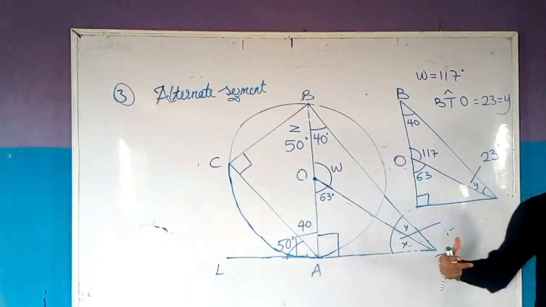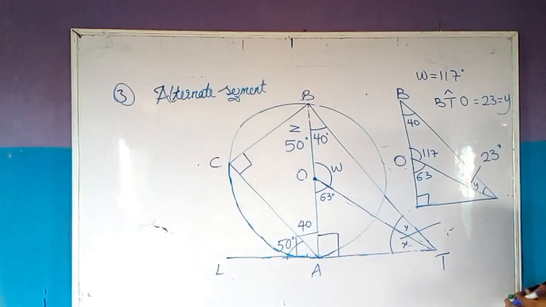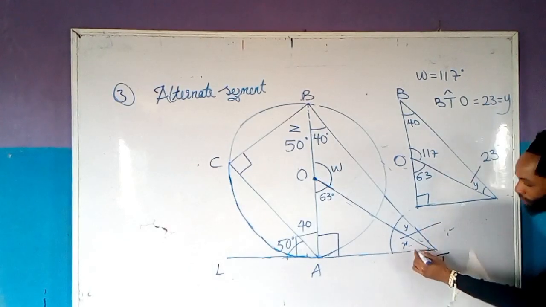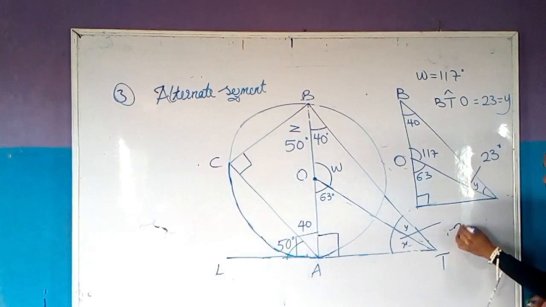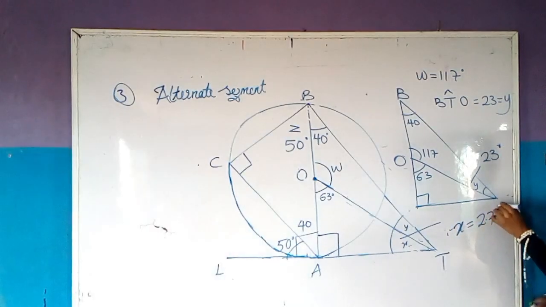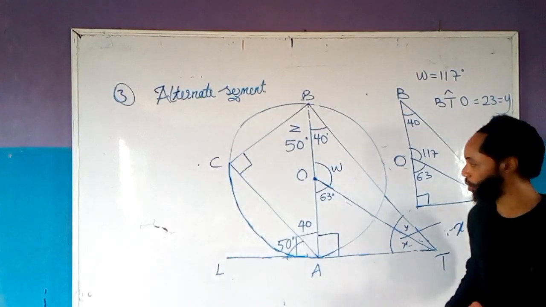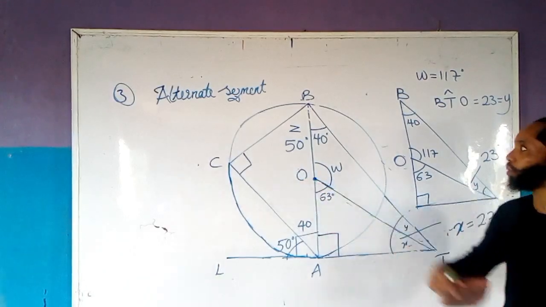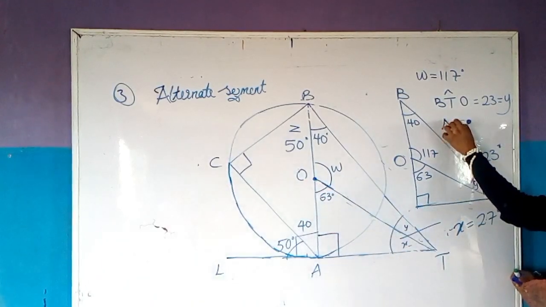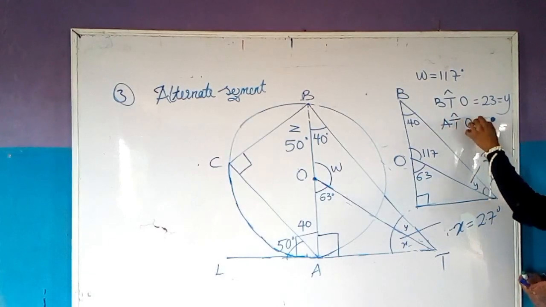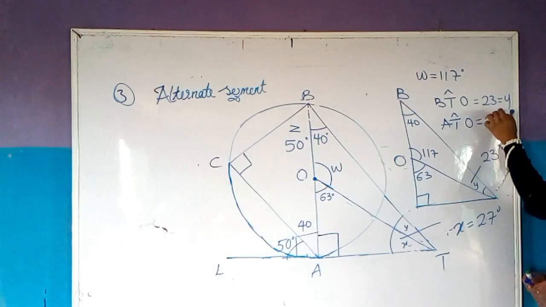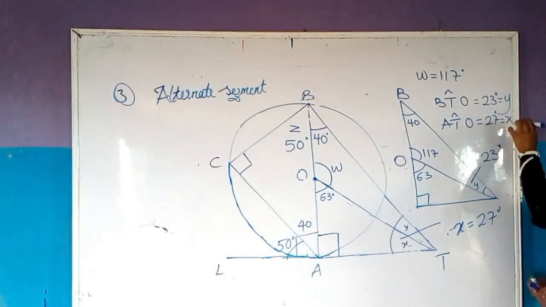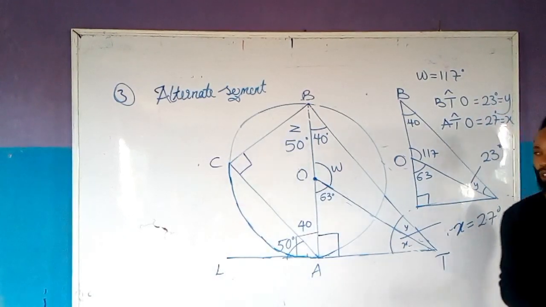So 180 minus 153, you still go back to your 27. Hence our X is 27 degrees. Or if you want to name your X, you say ATO. ATO is 27 degrees, which is your X. And that is it for this question.